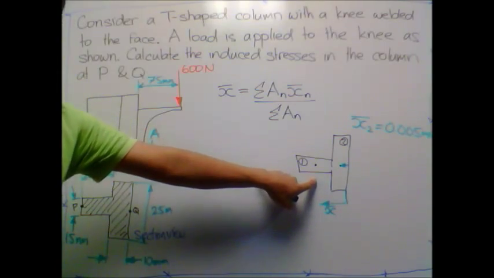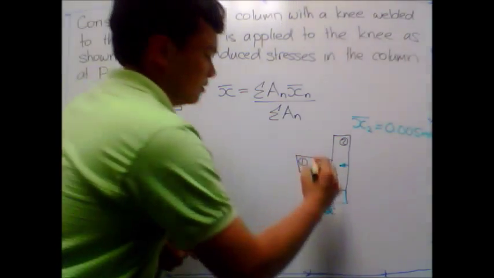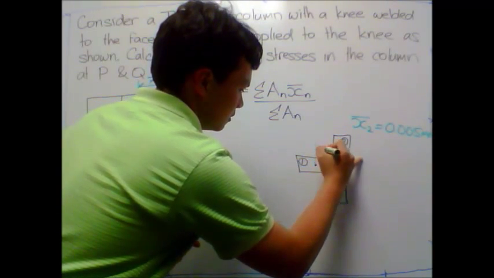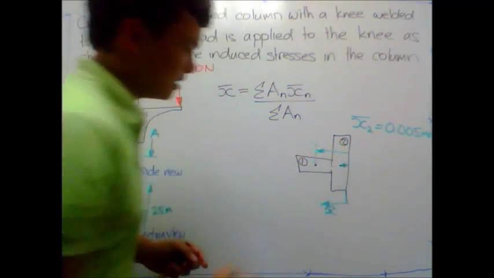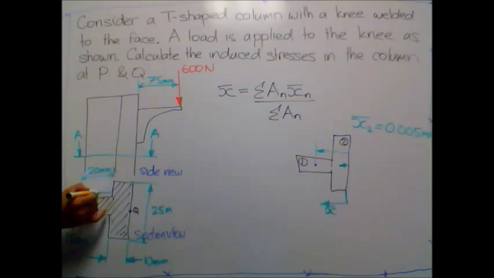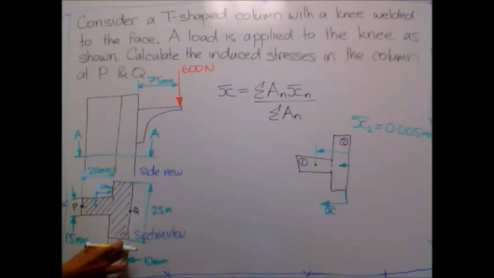My value of x bar 1, which is my distance to the centroid of my first shape, I can determine just from the dimensions that are provided. It will be halfway on this shape here. This distance here is 10 millimeters, and I know that this distance here is also 10 millimeters.